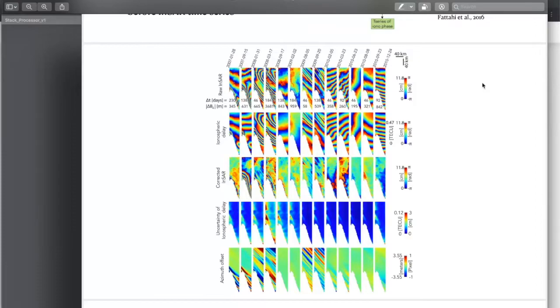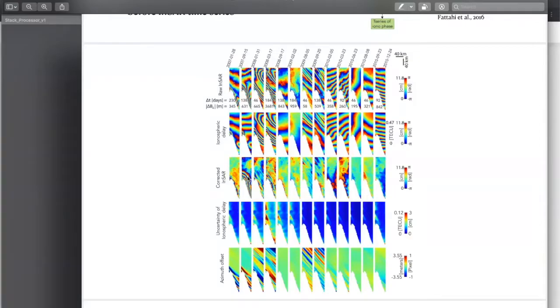So already the correlation noise has been beaten down a lot. And then the estimated ionosphere, and then the third row, as Piyush said, is what is corrected for ionosphere, but yeah, troposphere is still there. The second interferogram shows the nice coseismic displacement signal. So all those fringes between 2007 September and 2008 January, that's coseismic displacement.